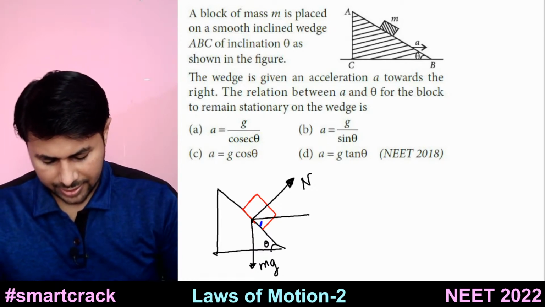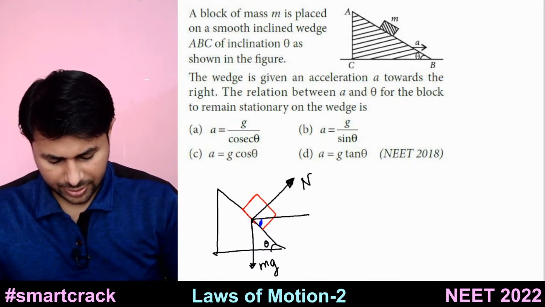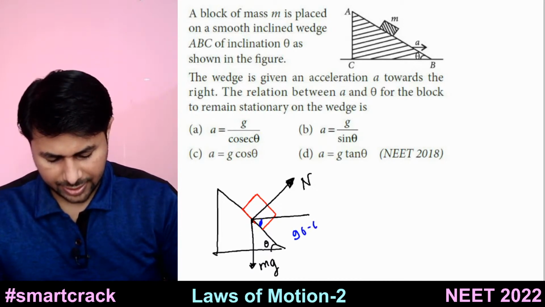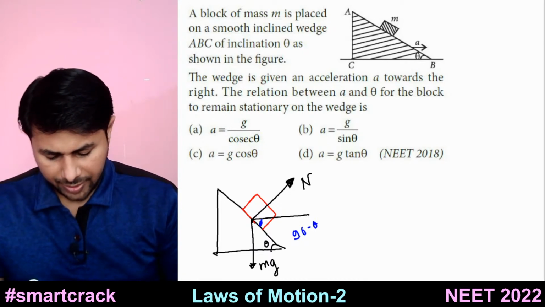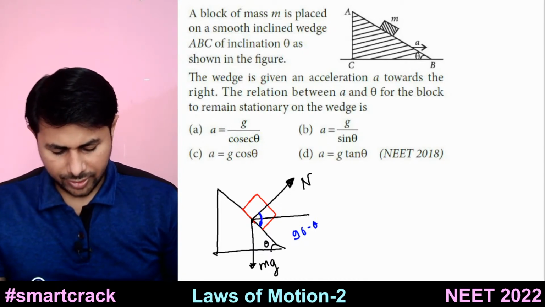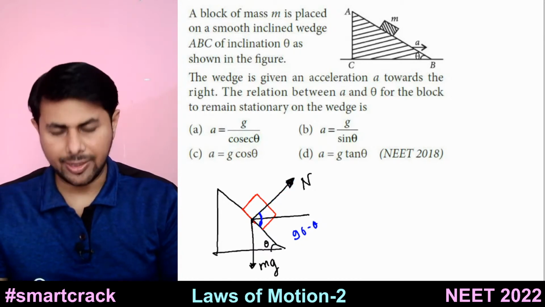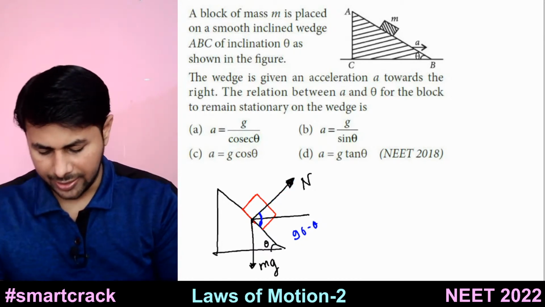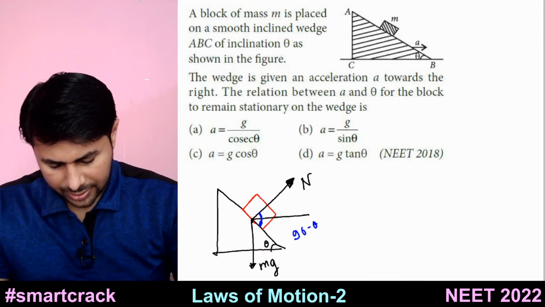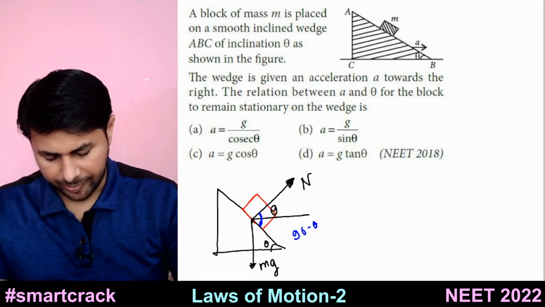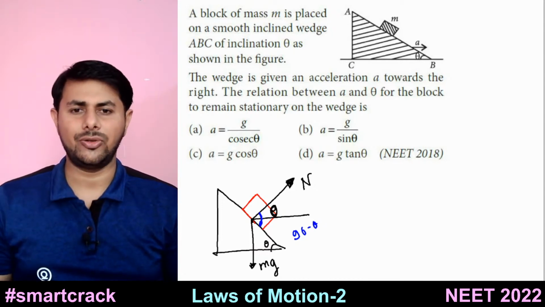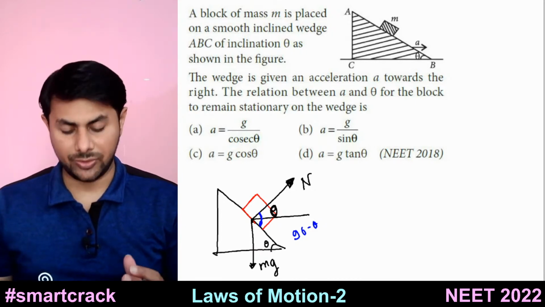So this angle is 90 minus theta, right? And therefore what will be this angle? Again, this is 90 degrees over here. So 90 minus theta can be subtracted from 90. If we do that, this angle again will be theta. You got it? How does this angle come out to be theta?